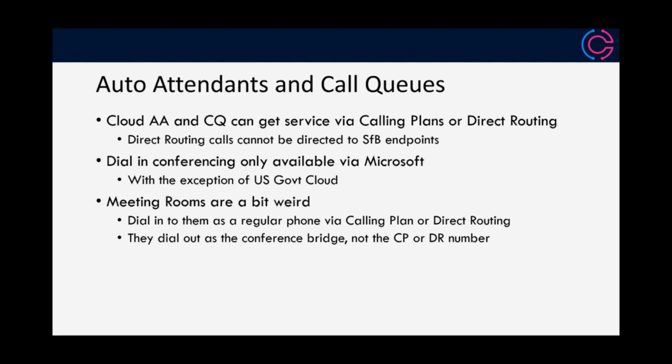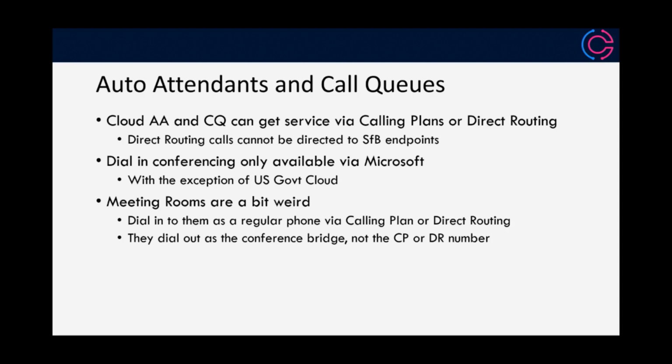Meeting rooms are something else to pay a little bit of attention to. They're a bit weird. You can give them a phone number via calling plans or direct routing to be able to dial into them. But when they dial out, they dial out as the conference bridge, so a random Microsoft number, and not with that calling plan or direct routing number.